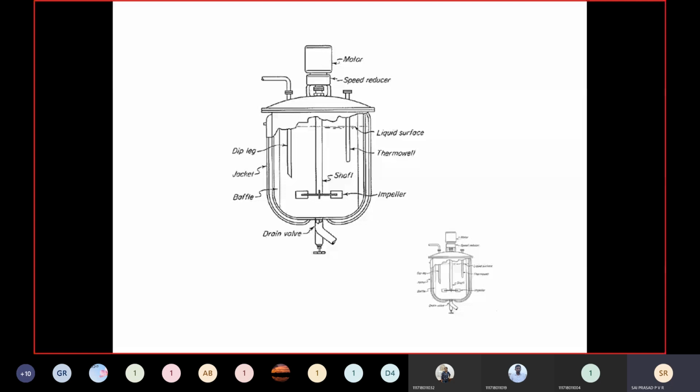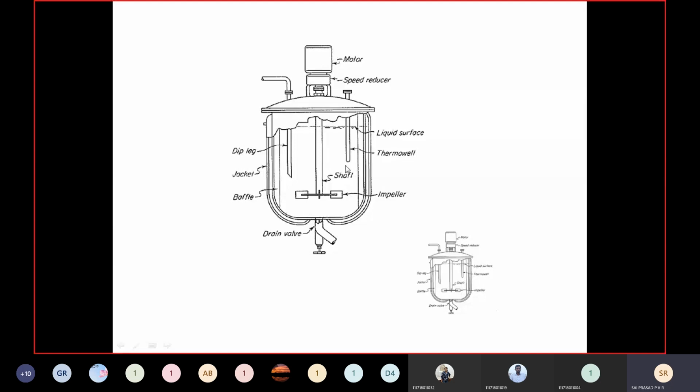Suppose in the small process vessel you are using a 6-bladed turbine, and in a large process vessel you are using a 4-bladed turbine, things will change because flow parameters, circulation of flows, circulation time, everything will change. So hence whatever type of impeller we are keeping here, the same impeller should be kept in the large process vessel.